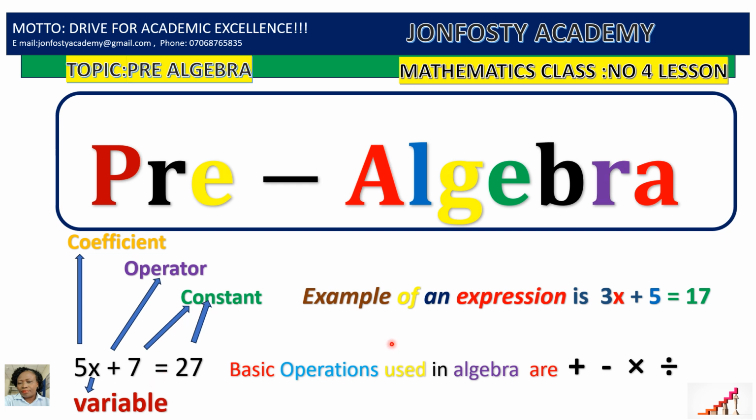In algebra, you will make use of some basic operations such as plus sign, minus sign, multiplication sign, and division sign. An example of an expression in algebra is 3x plus 5 equals 17.